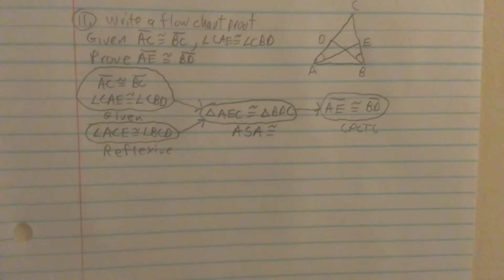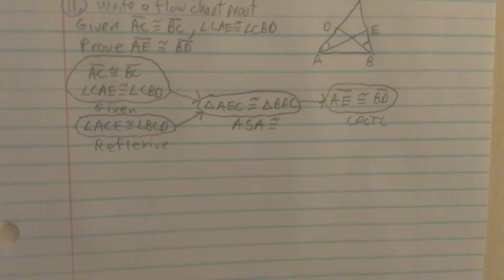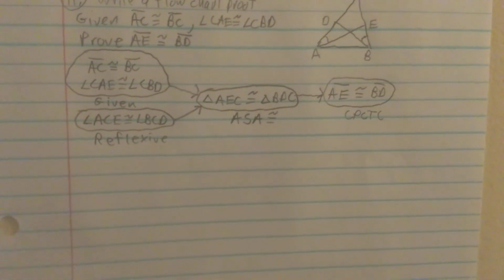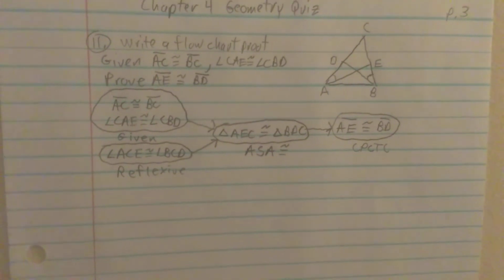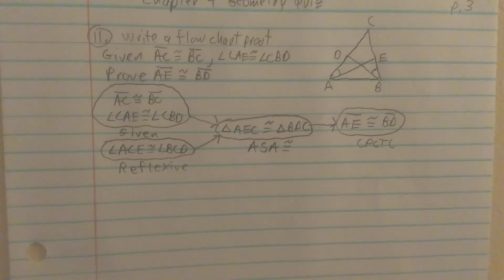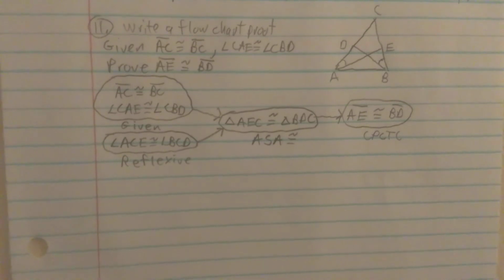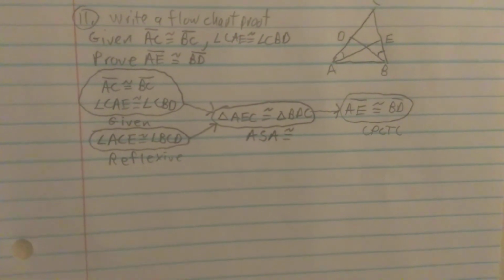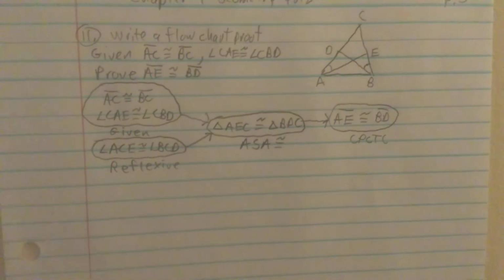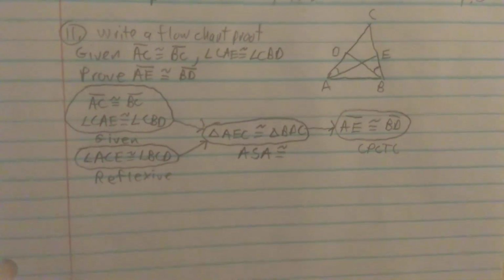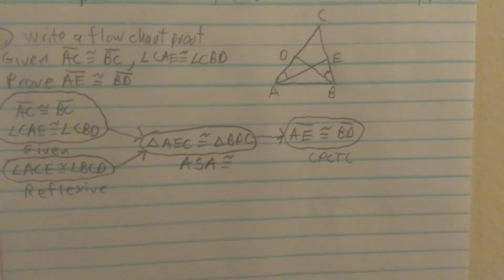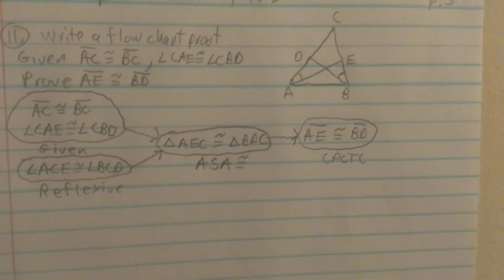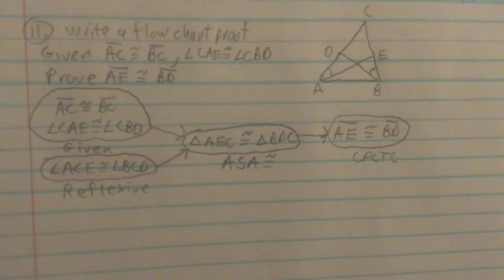So the givens are AC is congruent to BC, and angle CAE is congruent to CBD, given, and also angle ACE is congruent to angle BCD, or angle C is congruent to itself, reflexive. And therefore we have two angles and an included side. So triangle AEC is congruent to triangle BDC by ASA congruence, and therefore AE is congruent to BD by corresponding parts of congruent triangles are congruent.